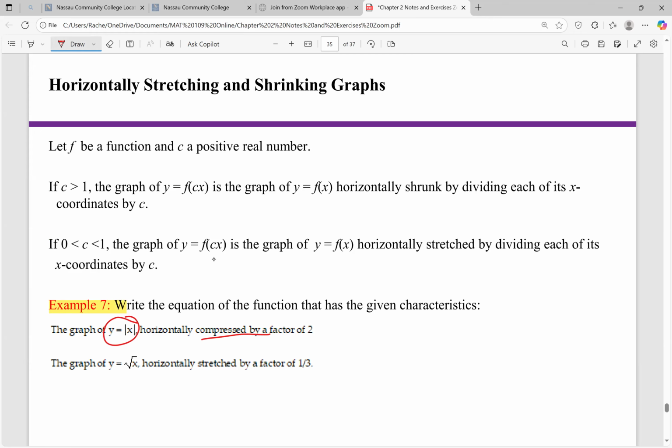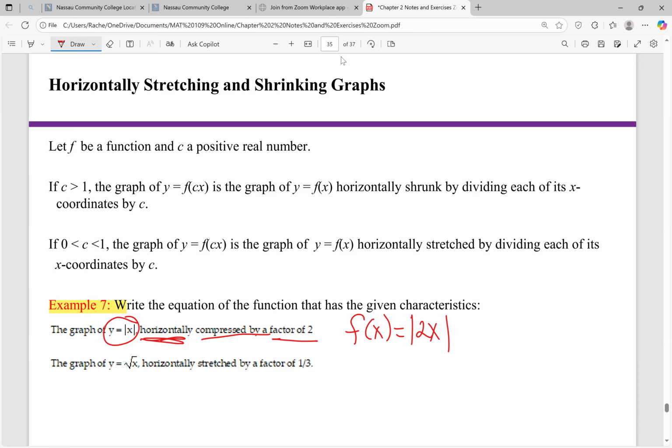Since it's a horizontal compression by a factor of 2, that's going to affect the x value. So the x values are going to be multiplied by 2, not the y value. So my function is going to be equal to the absolute value of 2 times x. So the graph is going to be horizontally shrunk or compressed by a factor of 2.